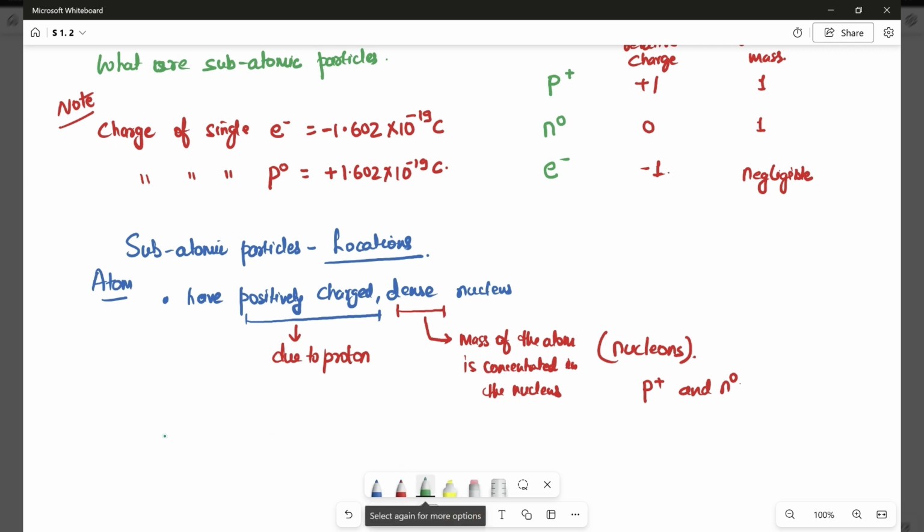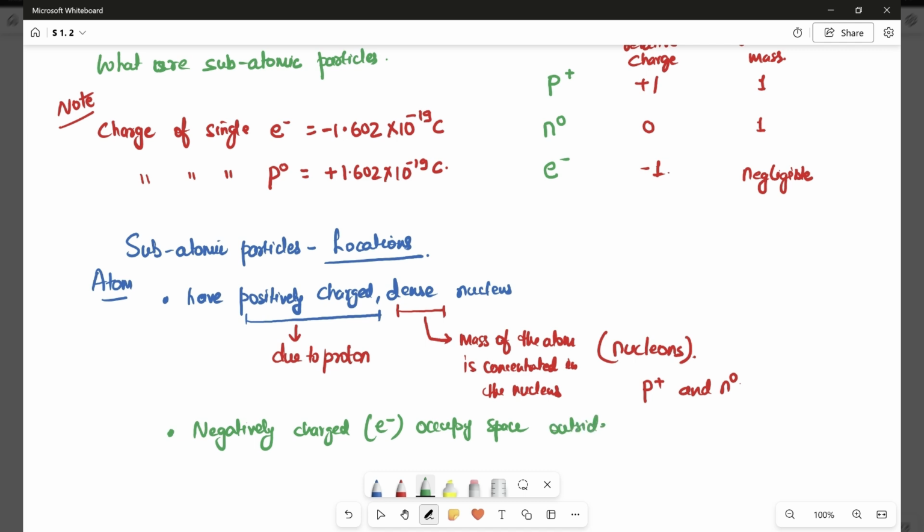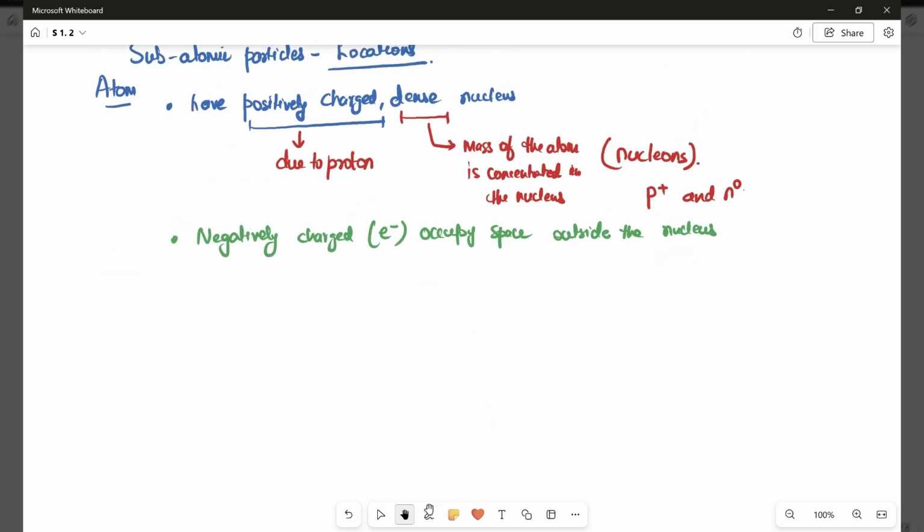Now, when it comes to electrons, where are these electrons? When I'm saying negatively charged, I'm talking about electrons. Electrons occupy space outside the nucleus. They are moving in orbits, and they have a very unique structure. Let me show it.